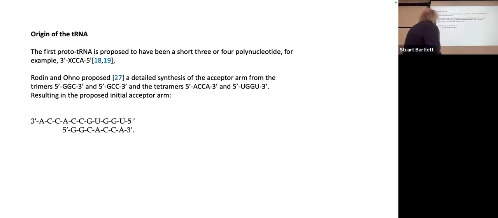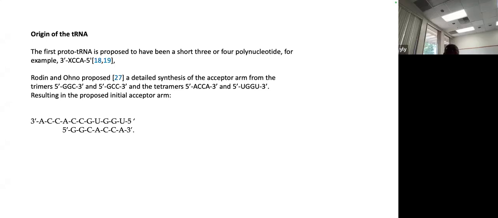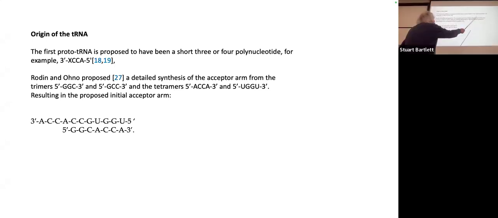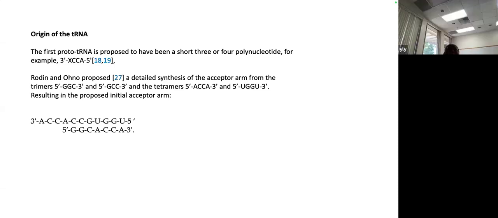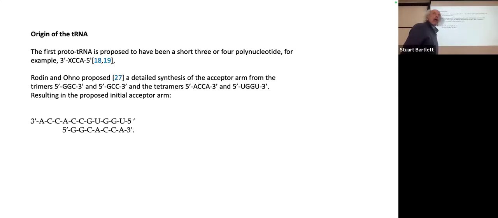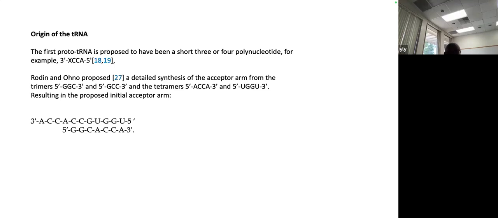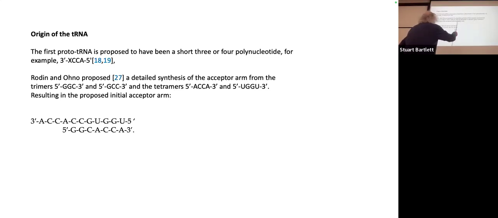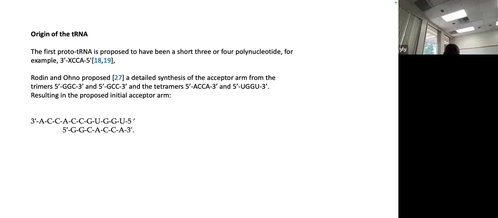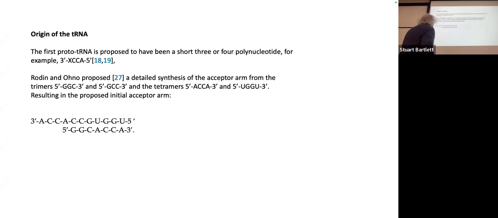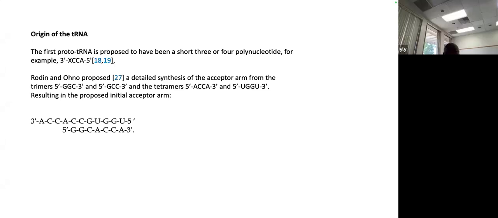What they said was the first tRNA is proposed to have been a short three or four nucleotide polynucleotide, for example XCCA 5'. X stands for the discriminator base, which could be either A or U. Rodin and Ohno proposed a detailed synthesis of the acceptor arm from these things and from the codons GGC and GCC. And here's their idea of what the arm looked like.